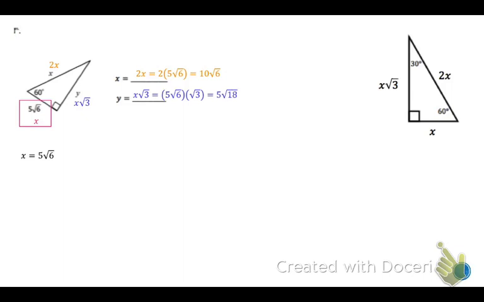So that's going to be 5 square root of 18. Then I have to break down that 18, see if I can pull anything out. So 18 breaks down to 2 times 9, which is 3 times 3. So I have those two 3s, which means I can pull one out. So that's 5 times 3, and the 2 stays in there. So that's going to be 15 square root of 2, the side opposite of 60 degrees, my longer leg.